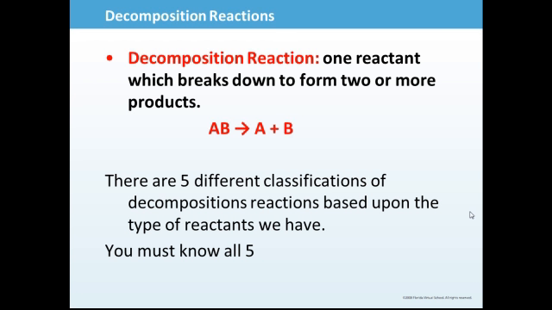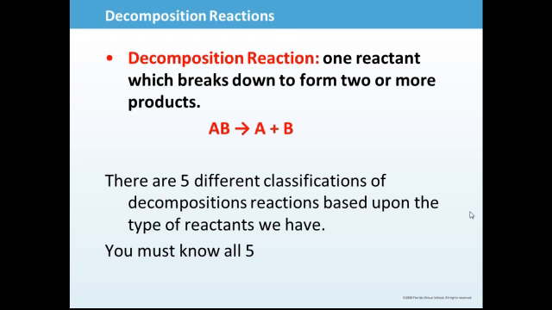Of course, there are 5 different classifications depending on the type of reactant that we have. Yes, you do need to know all 5, and I know it's a lot of work, it's a lot to remember, so please make sure that you write all 5 types on one sheet of paper, just like I did for synthesis, how I had that one slide with all 4 types.